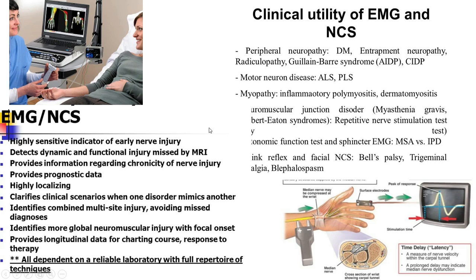It will provide information regarding the chronicity of the nerve injury, help determine the prognosis and the exact site of the nerve injury, clarify the clinical scenario when one disorder can mimic another, identify combined multi-site injury, avoid misdiagnosis, identify more global neuromuscular injury than focal onset, and provide longitudinal data for muscle charting.